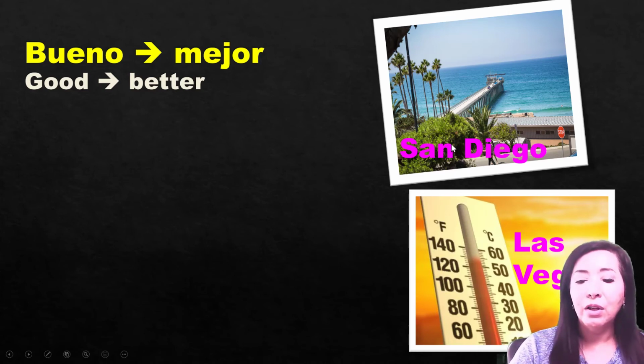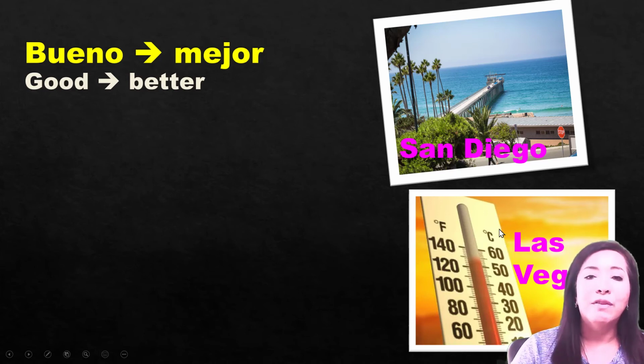So let's take a look at the climate in San Diego. I went to San Diego once and the weather was just amazing. And I hear that that's the way it is all year round. Then I had the opportunity to go to Las Vegas and it was really hot. You don't really want to walk out there in the street when the weather is over 120 degrees. Okay?